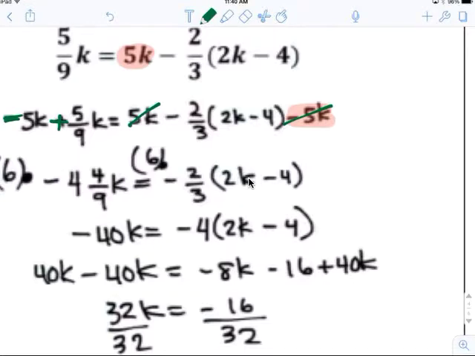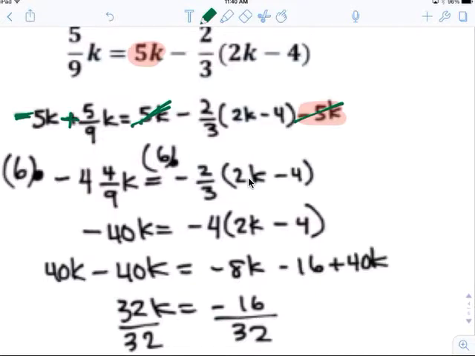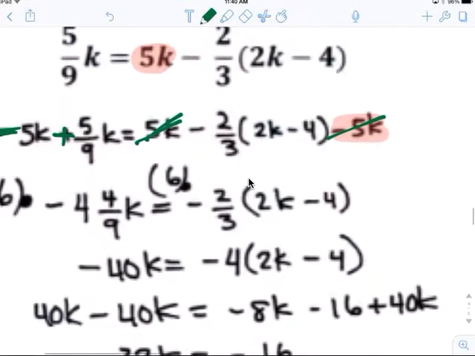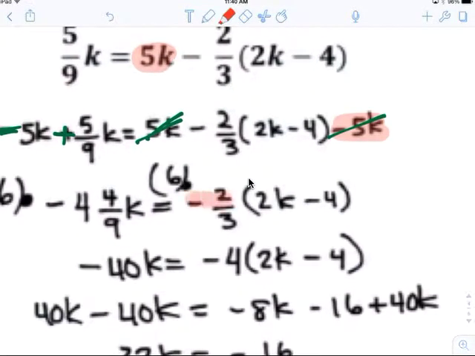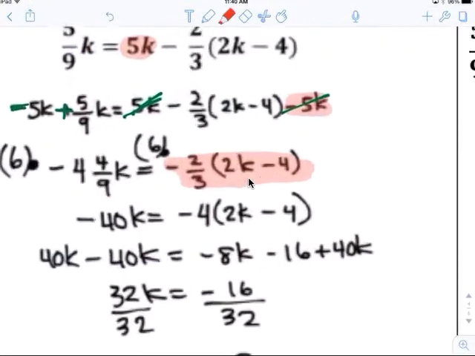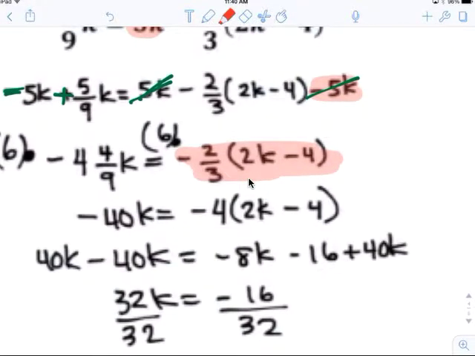So they got rid of the 5k first. You can always do that, make 0 first before you distribute. That's never a problem. That leaves them this number right here. Okay? So that so far is correct.